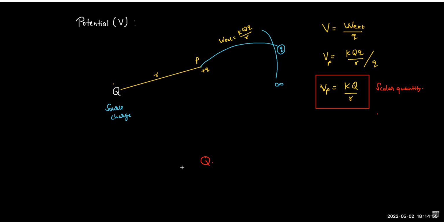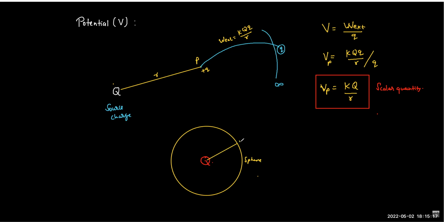A circle. No, sorry, a sphere. Exactly. So this is simply a sphere around the charge, and this entire sphere will talk about a single potential value, no matter where you talk.